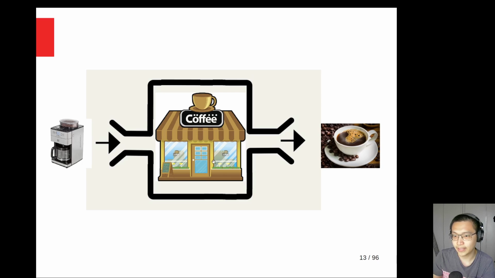In this case, it is the coffee shop. The coffee shop, which is a large establishment, accepts a small machine, which is the coffee machine, to produce output. Here you have an example of a bigger establishment, a bigger machine, the coffee shop, accepting a smaller machine, the coffee machine, to produce output.